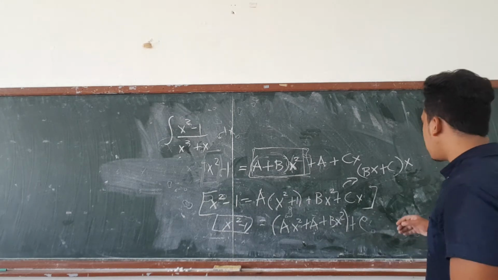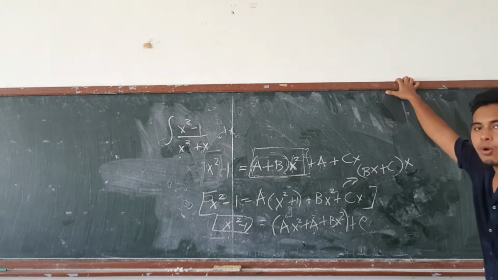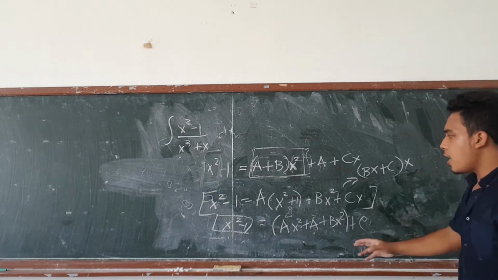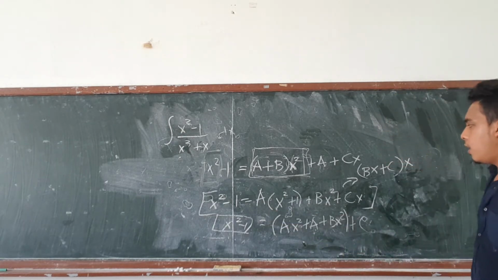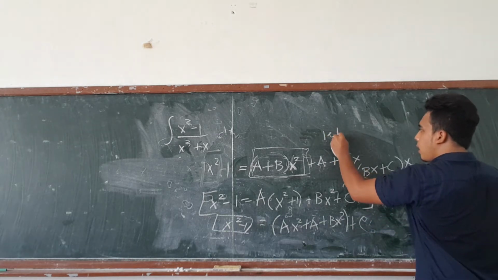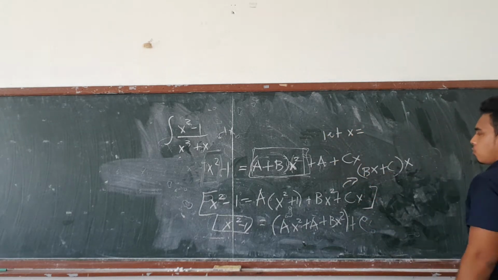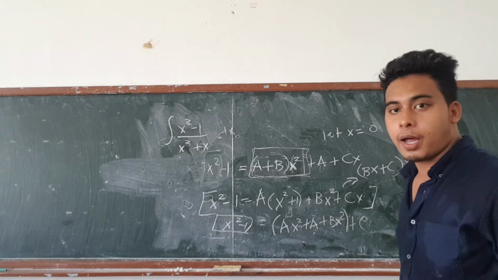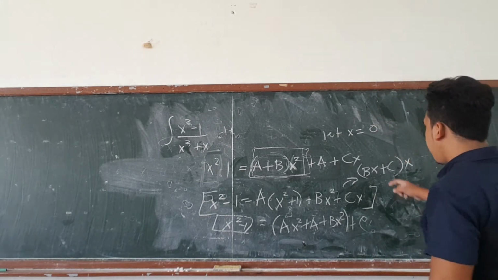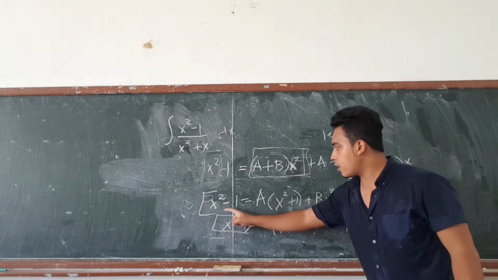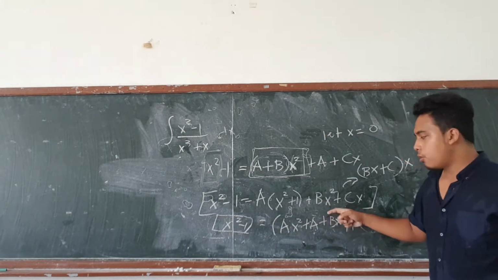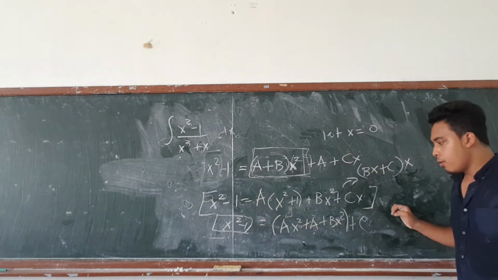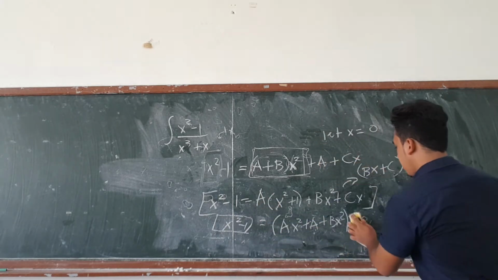So if we want to find the value of a, for example, let's assume that x will be equal to 0. Why? Because if we substitute the value of x into this term, we will be left with a.